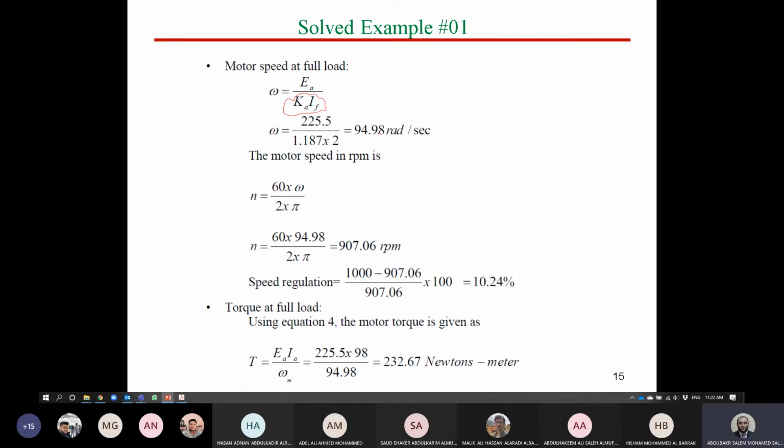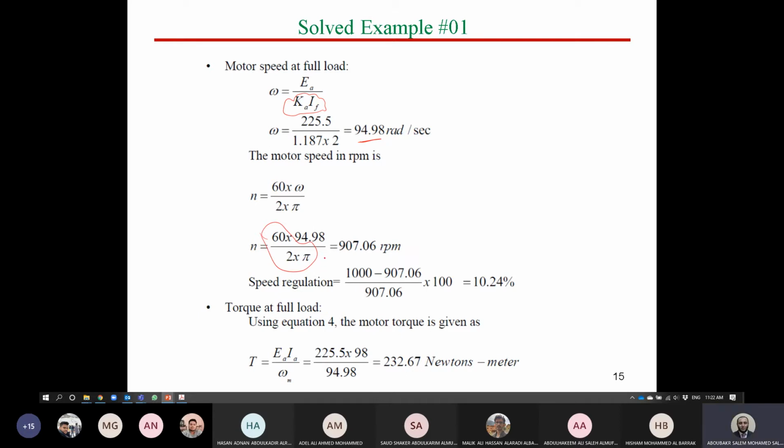So we can give the value of motor speed, and also we can give the torque the same way, if the torque is needed. So we can say torque equals KAIF multiplied by IA in order to get the value of torque. So this is now the motor speed, شباب. We can get it in RPM as well by multiplying by 60 over 2 pi.